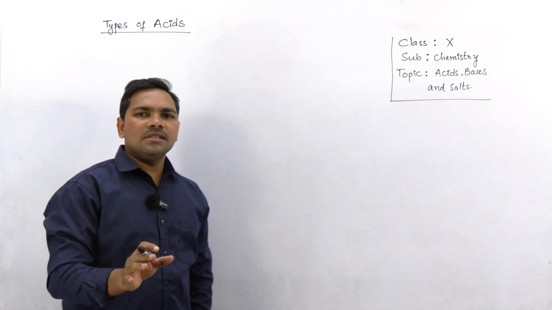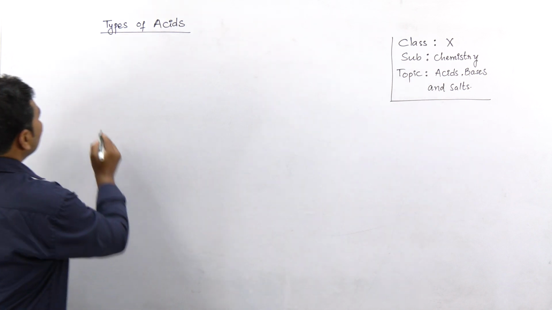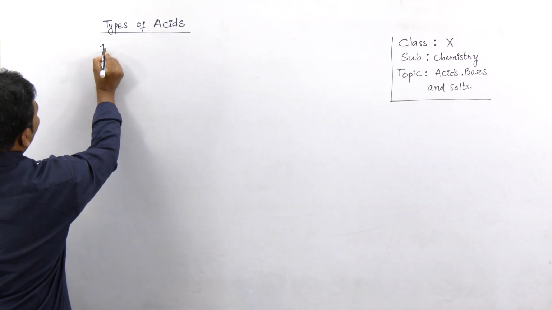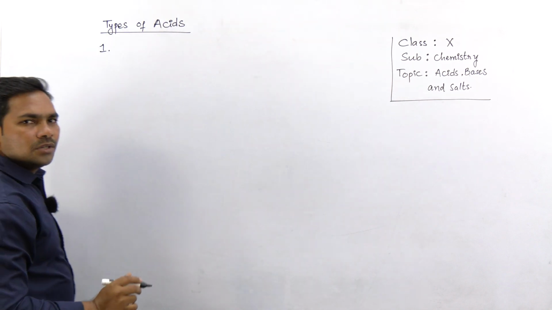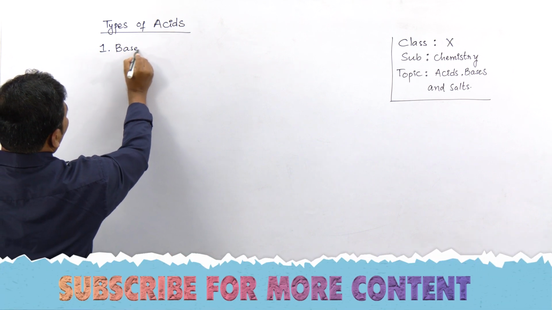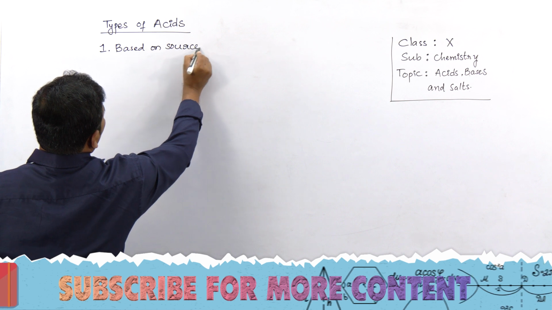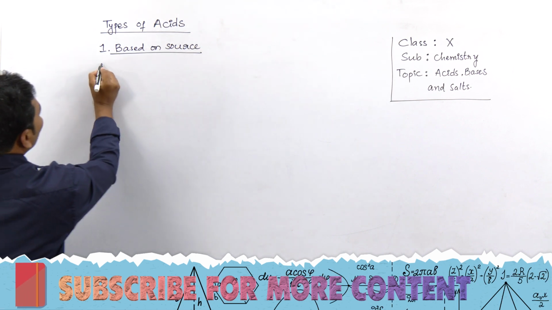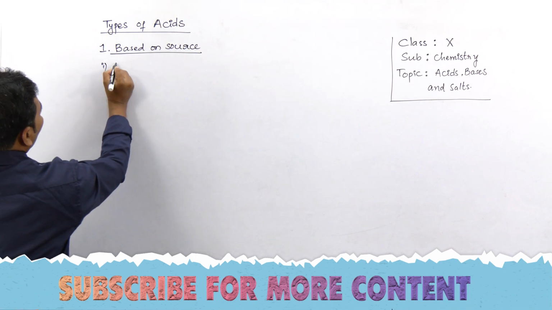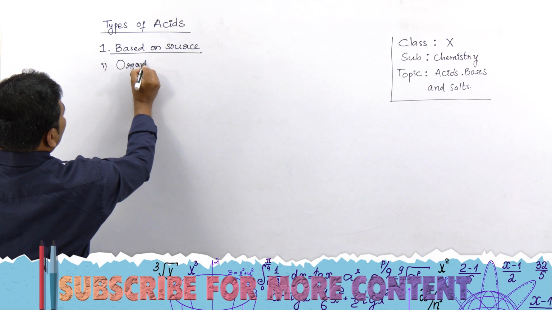Among all the acids, we can classify them in different ways. First, based on the source of acids, we have two types. Number one, organic acids.